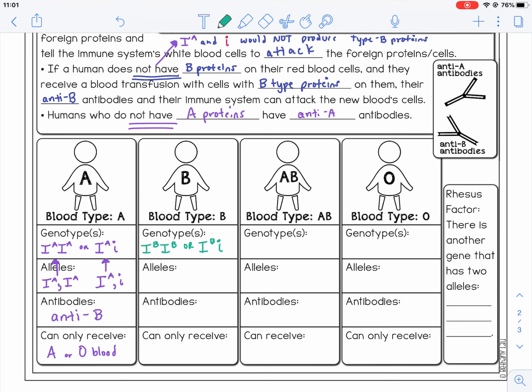So those are our 2 options there for our genotypes, our alleles. Well, it's the same idea here. If it's IB IB, then they've got 2 IB alleles. If they're IB little i, they have 1 IB allele and 1 little i allele.